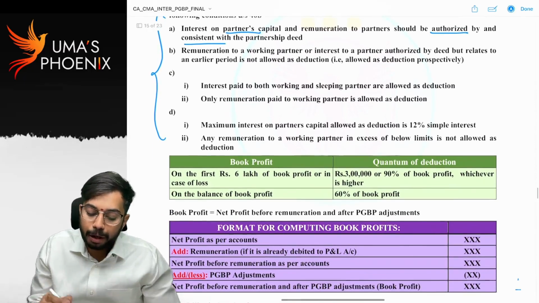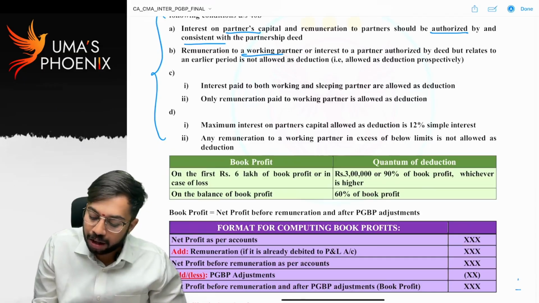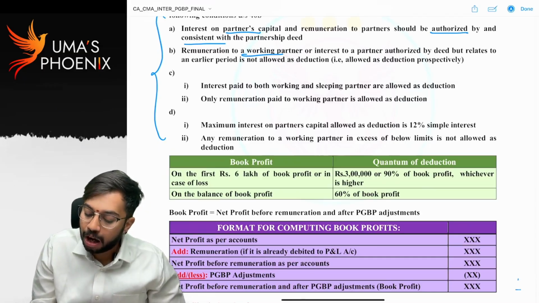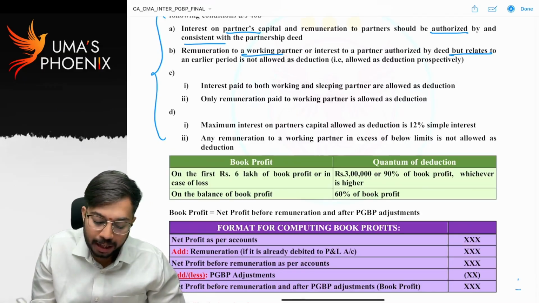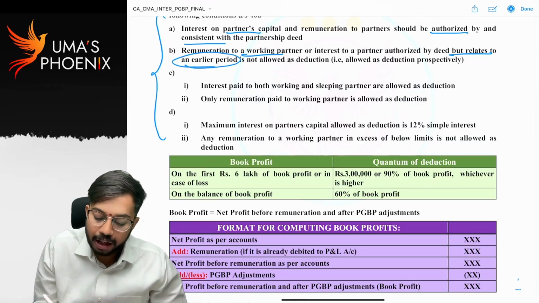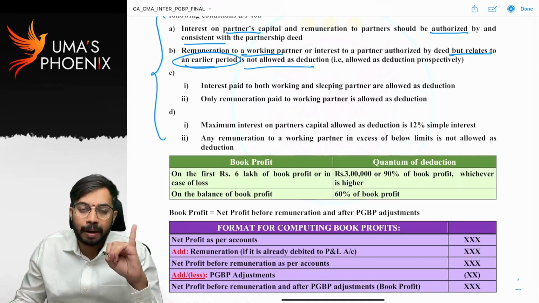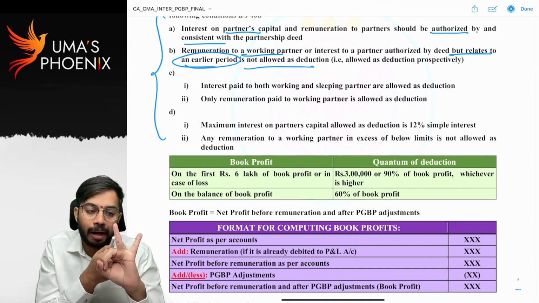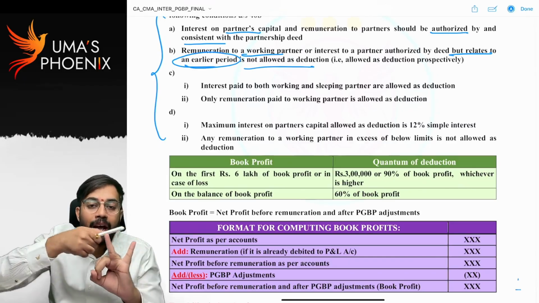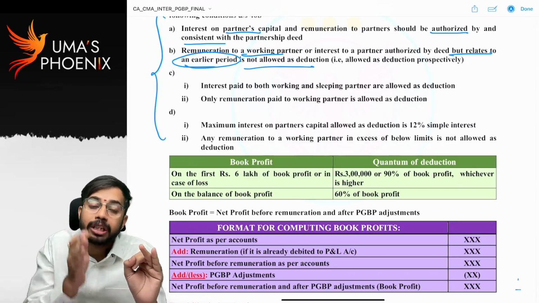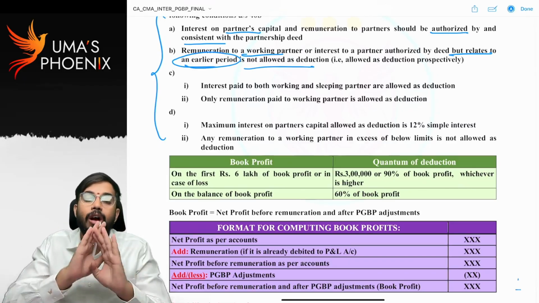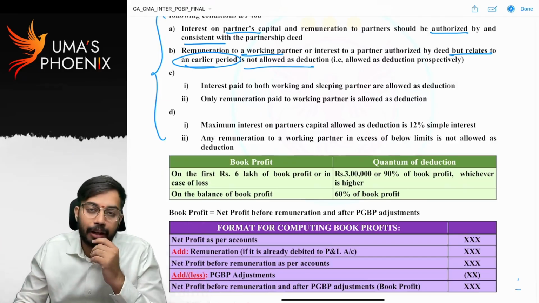Next, remuneration to a working partner or interest to a partner authorized by the deed but relating to an earlier period is not allowed as deduction. What do you mean by this? Interest on partner's capital and remuneration to partner are allowed as deduction on a prospective basis. They are not allowed as deduction on a retrospective basis.